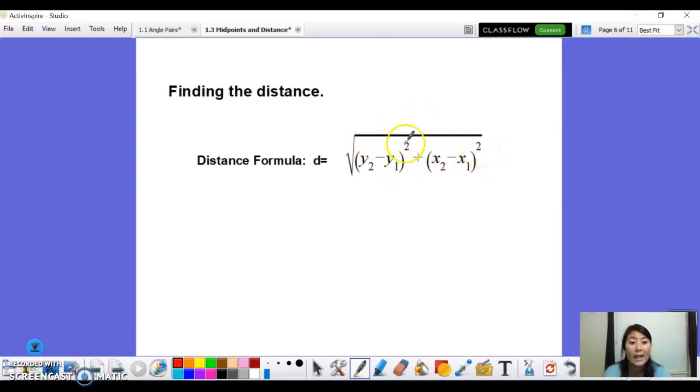So that squared is on the outside. Remember PEMDAS, you have to do what's inside the parentheses first, and then you square the number, and then you'll combine the two numbers, okay? So again, pause the video if you need to, but you definitely need to have this distance formula. Please make sure you have that in your notes.